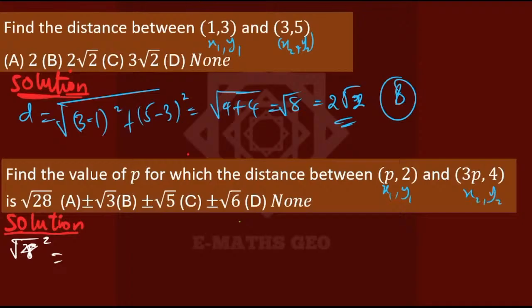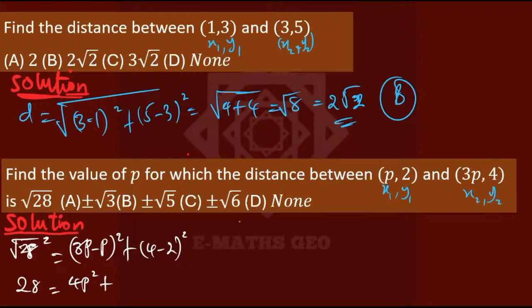So I have root 28 squared equals (x2 minus x1), that's (3p minus p) squared, plus (4 minus 2) squared. So this is 28 equals (3p minus p is 2p) that's 4p squared, plus (4 minus 2) squared, which is 4.